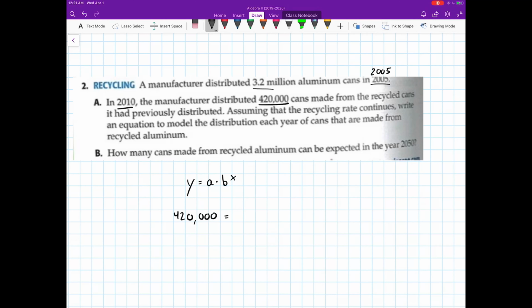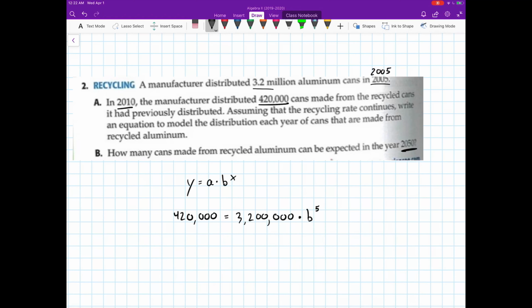So that's equal to the initial amount, they had 3.2 million, 3,200,000, times some rate b, and I'm going to use 1 year for the time period, and I'll put a 5 there. But you could also use 5 years as one time period since Part B uses 2050.